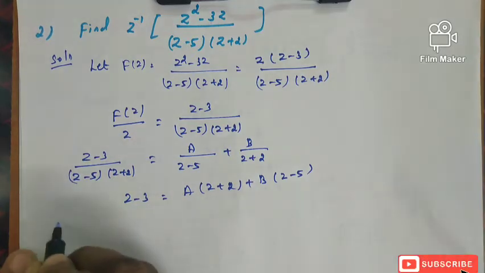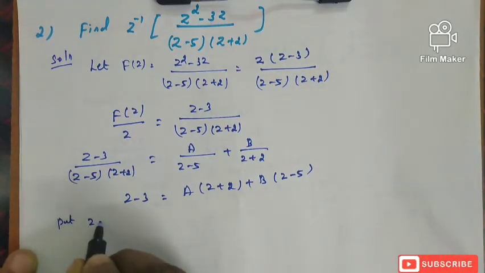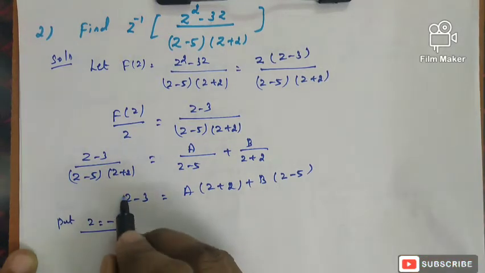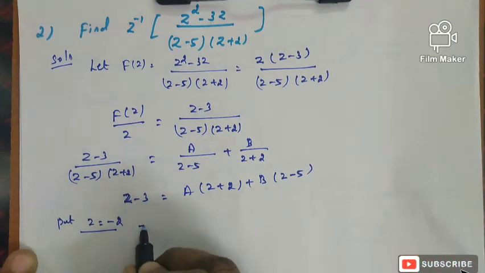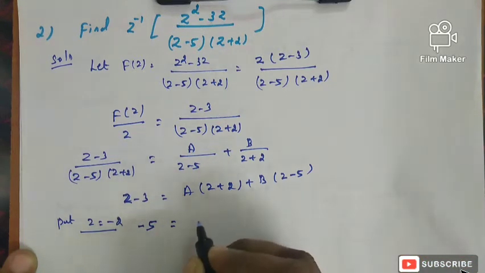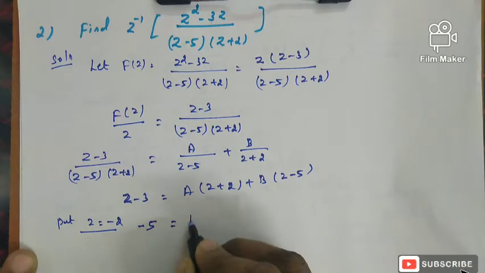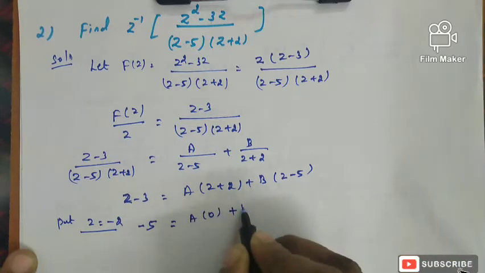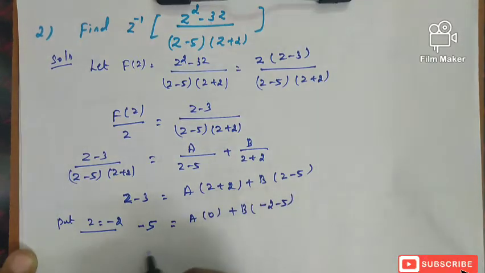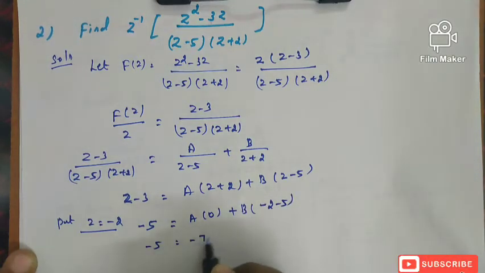So put z equal to minus 2. What will happen? Already minus 3 is there, so minus 2 minus 3 minus 5 equal to minus 2 plus 2, so a into 0 plus b into (minus 2 minus 5), that is minus 5, equal to minus 7b. Minus minus will cancel off.